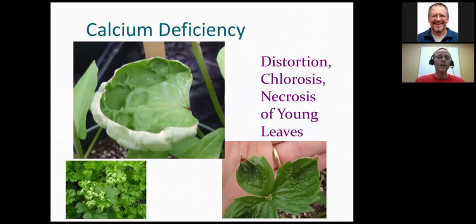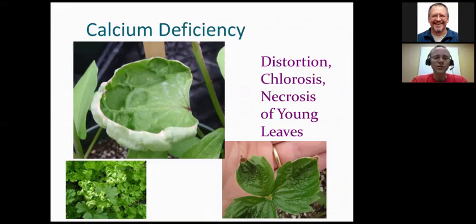So calcium, we also have this distortion of the leaves that's oftentimes going to go to necrosis pretty quick. One real telltale sign that I use for calcium is these pictures on the left, up on the top and the bottom.